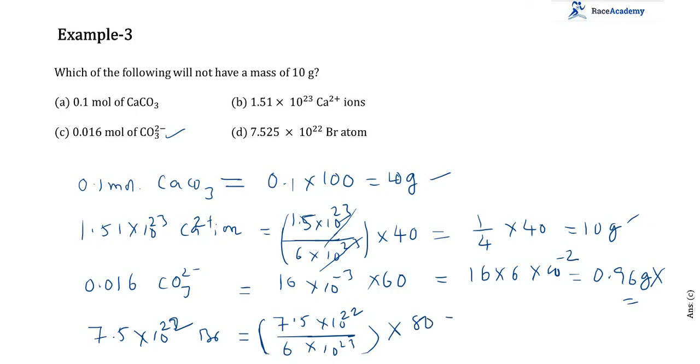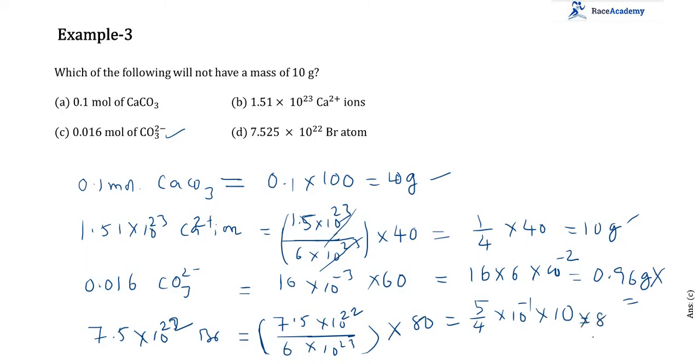Then here 7.5 by 6 will be 5 by 4, so 5 by 4 into 10 power minus 1, into 10, into 8.